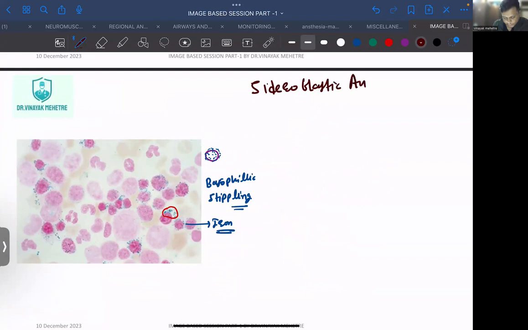It is seen in sideroblastic anemia, correct? Deficiency of which vitamin? Remember like this: S goes for 6. So vitamin B6 deficiency. Okay, S goes for 6, vitamin B6, right?